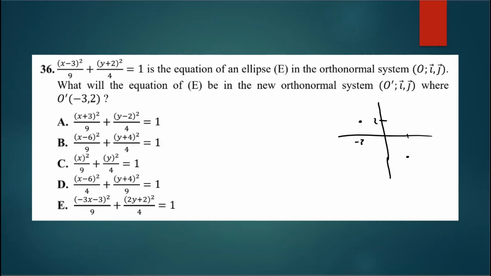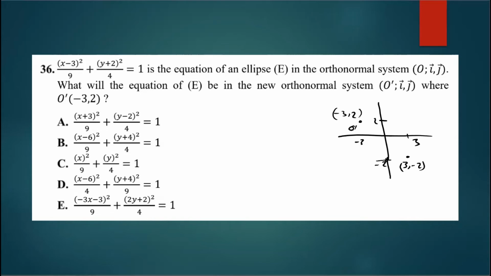This one was originally 3 and -2, but the new origin becomes at -3 and 2.